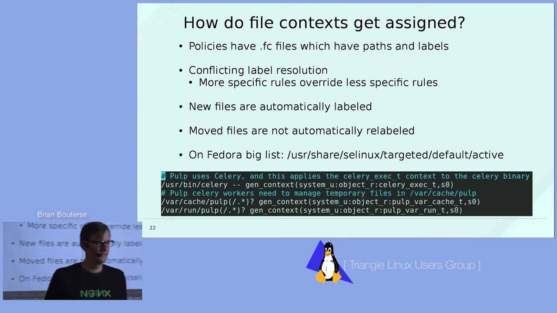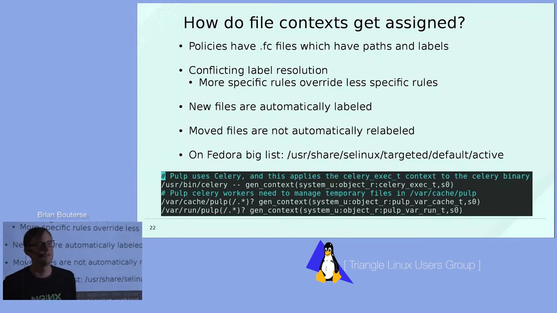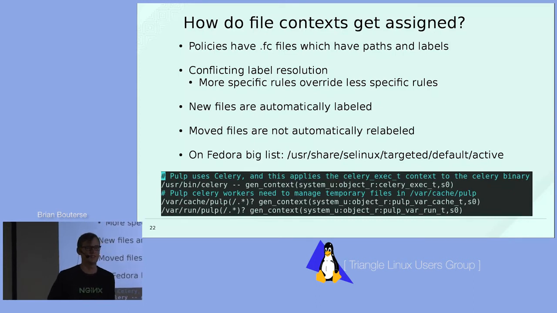Yes? You mentioned moving the file doesn't relabel it. What about copying a file? What kind of label does the copy get? Yep, so what about copying a file? What kind of label does the destination receive?